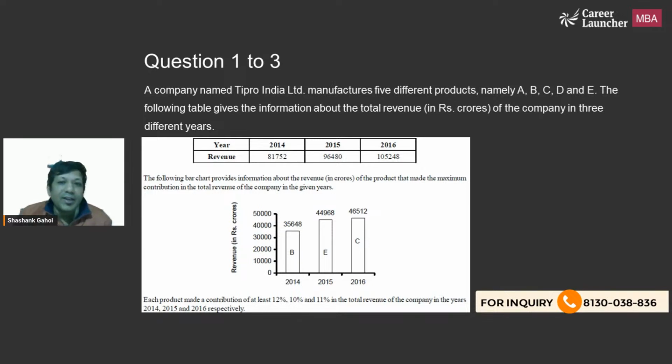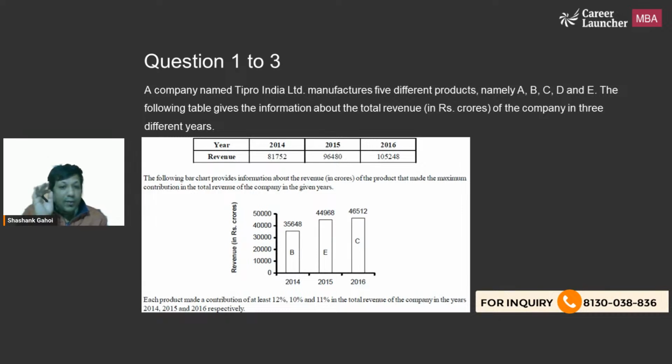And in 2017, it is 1,05,248. Okay. Now, what else is given to us? It is given that in the following bar chart, the revenue of the product that made a maximum contribution in the total revenue.